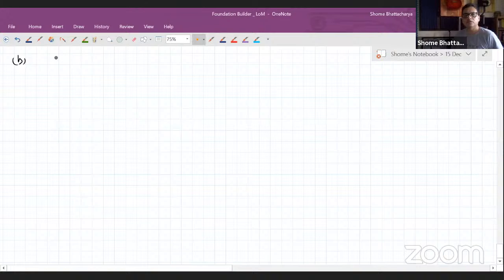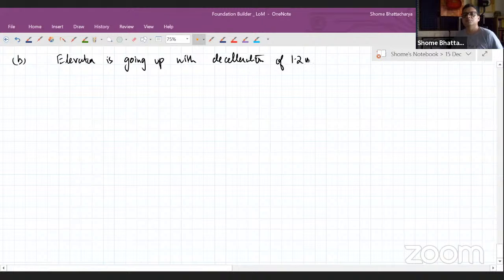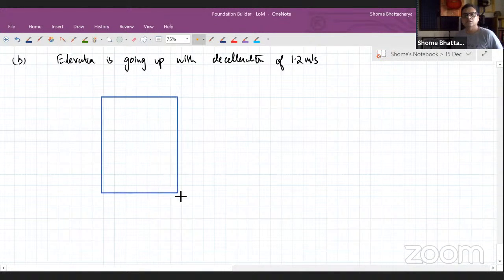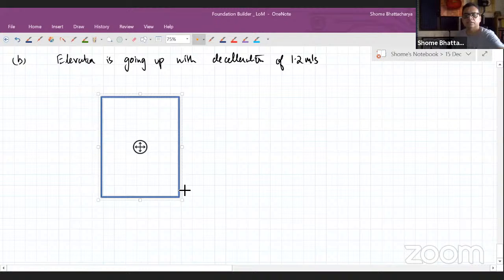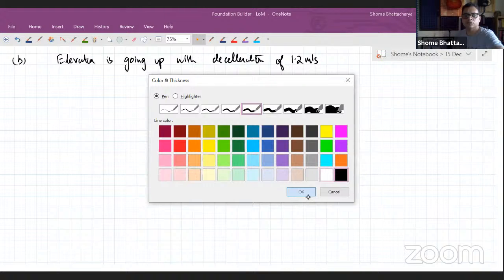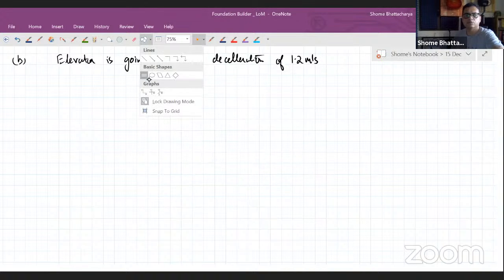In the second part, the elevator is going up, but with a deceleration of 1.2 meters per second square. What does this mean in terms of the motion of the elevator? Its velocity vector is going to be upwards at any instant, but its acceleration vector is going to be downwards. This is the thing we have to be careful about.